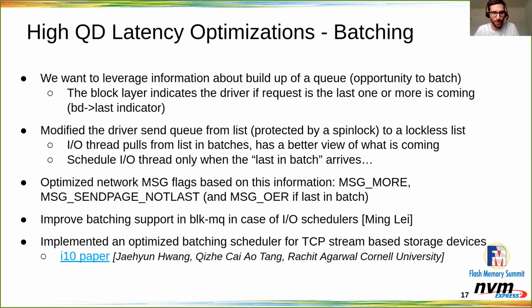Then we're modifying the queue and how it handles its internal queuing. We make that more lightweight, moving it from a list protected by a lock into a lockless list.